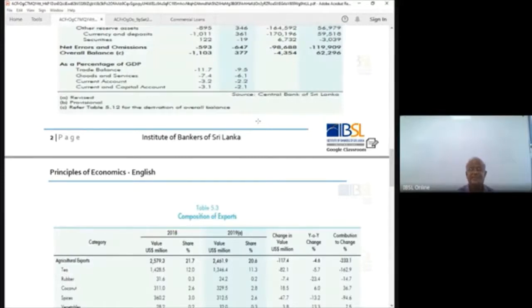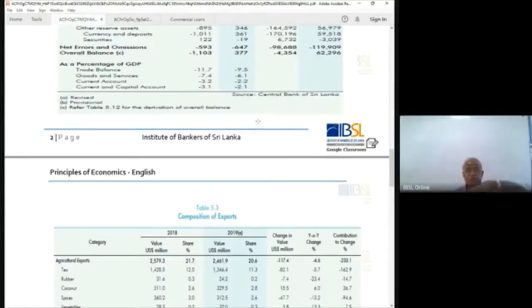Creditworthiness depends on income and assets. Assets are more important. A country's foreign assets are very important. Foreign assets are measured using the number of months of imports you can finance with those assets. Let's say your foreign assets are 1,000 million dollars, and your monthly expenditure on imports is 100 million.